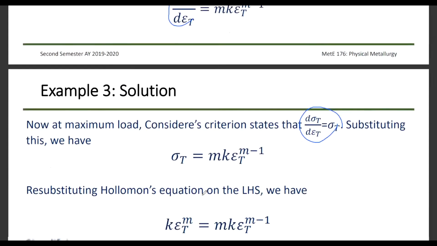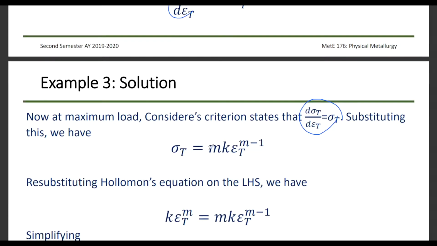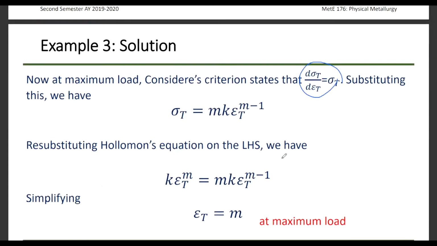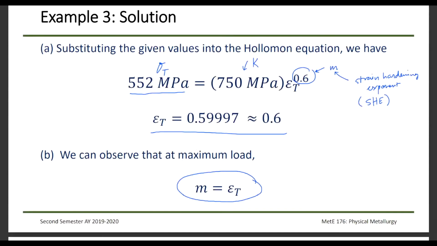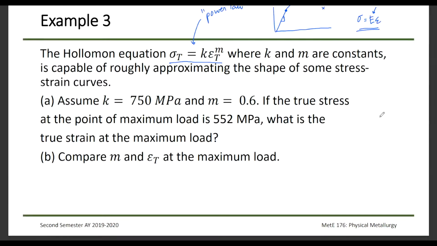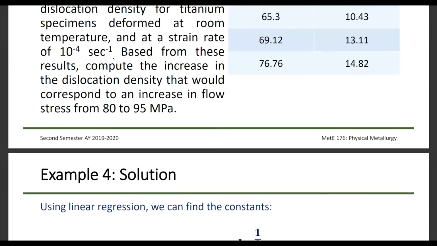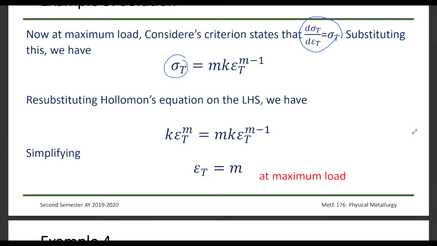So if we substitute, we end up with sigma T is equal to MK epsilon T raised to M minus 1. Now, if we resubstitute the Hollomon's equation on the left-hand side, we know that the sigma T in Hollomon's equation is equal to K epsilon T to the M. Then if we re-input that, we get this equation.